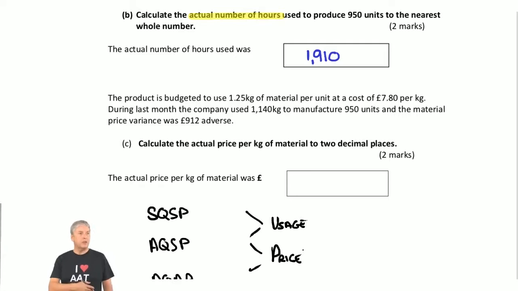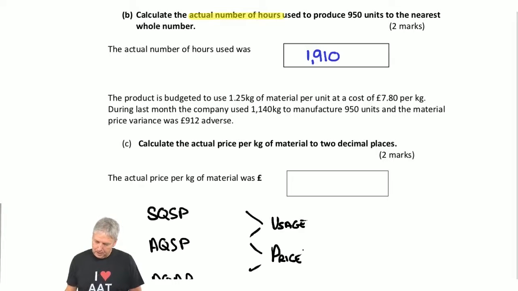So what information do we have? We've got the standard quantity of 1.25. We've got the standard price of 7.8. And we're told that we produced 950 units.